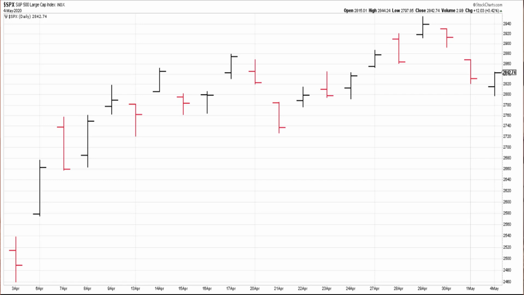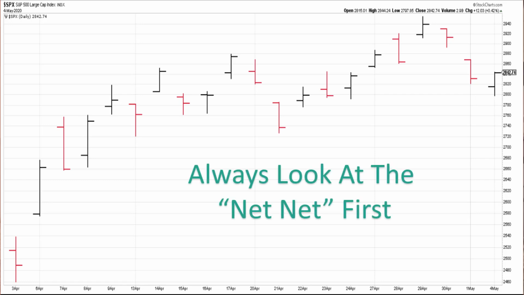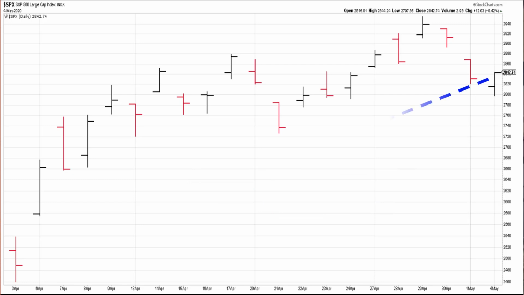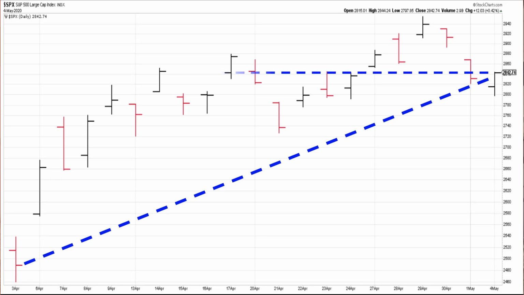Now, whenever you look at a market, what I like to do is look at the net price movement. So if we're looking at the S&P 500, you could see that we've obviously gone higher for about the last month or so. But the thing that I look at, and as should you, is where are we now, and just look back to your left. And by the way, if you find a broker that lets you trade off the left side of the chart, let me know.